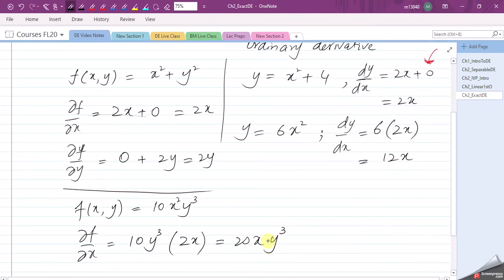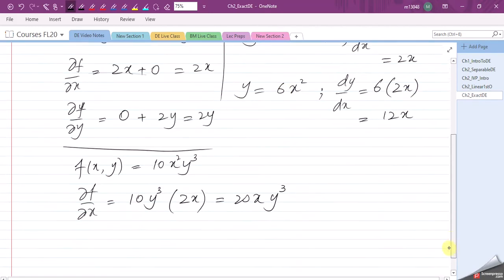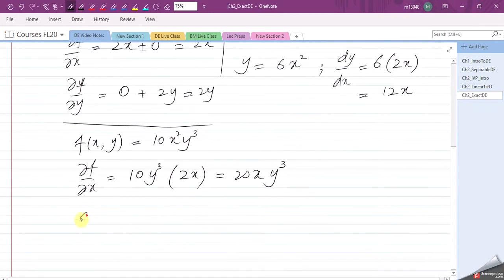Now note again, here y square's derivative was 0 because there is a plus sign, just like plus 4 here, that goes to 0. Here y cube's derivative is not 0 because it is multiplied, just like the 6 here. Okay? So that's a very notable point, and we shall not make any mistake in this. Partial f by partial y, what do you think?